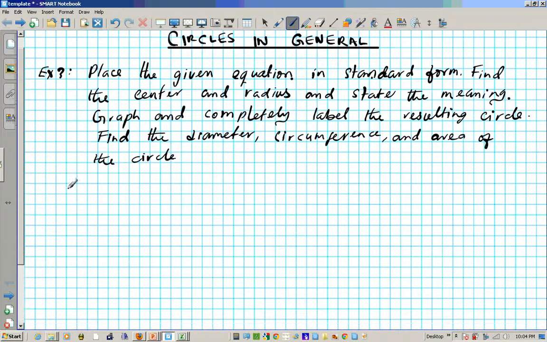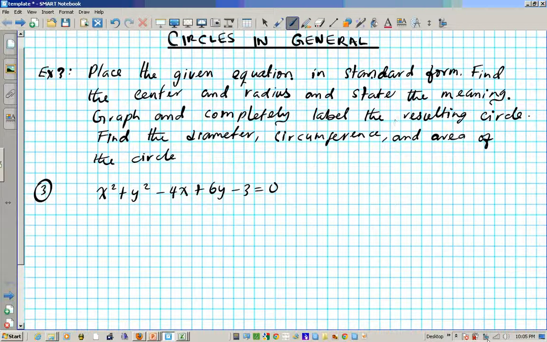Alright, so with that in mind, let's take a look at the example: x squared plus y squared minus 4x plus 6y minus 3 equals 0.